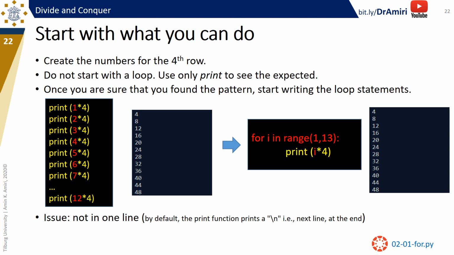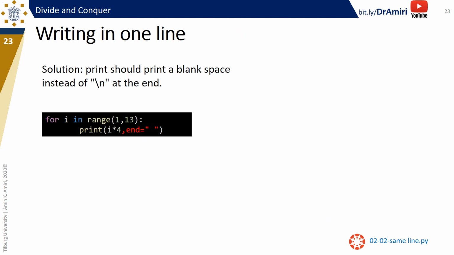We know that by default, the print function prints a backslash n, the next line, at the end. So we have to work on that. Okay, how can we write in one line? The print function should be told not to print a backslash n and enter at the end of the printing job, but it should print only a blank space.